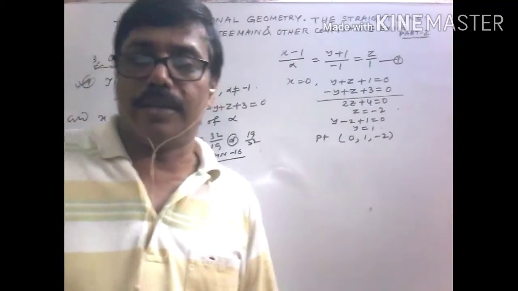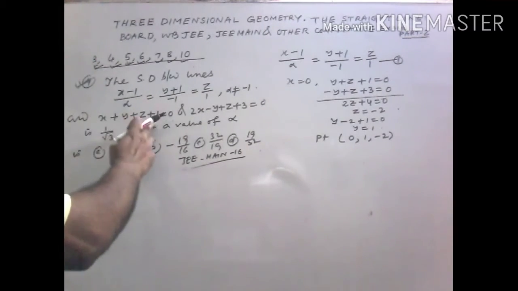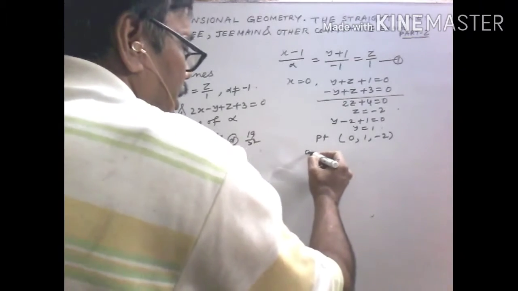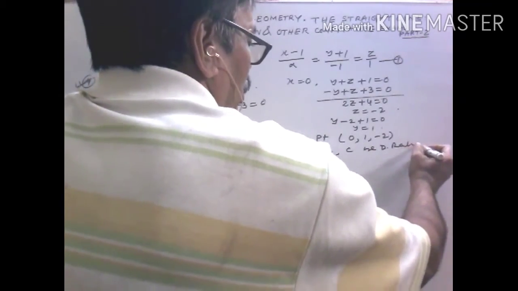Now you have to find the d ratios of the line. The line is perpendicular to the normals of both planes. So let A, B, C be the d ratios of the line.